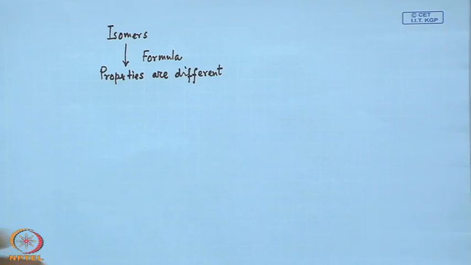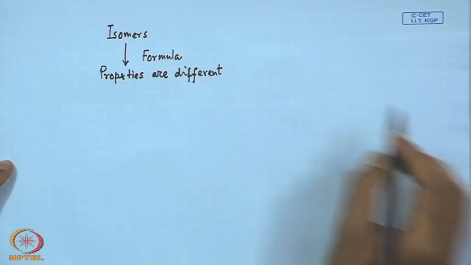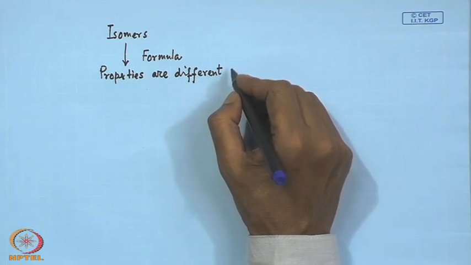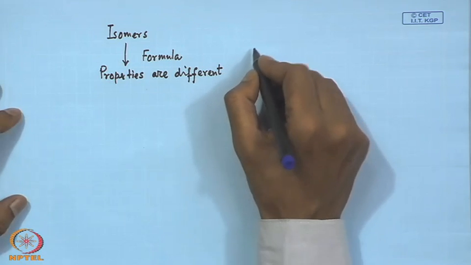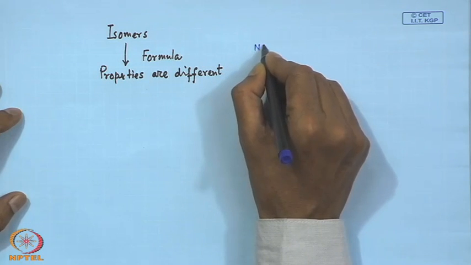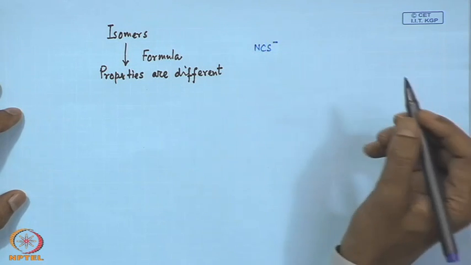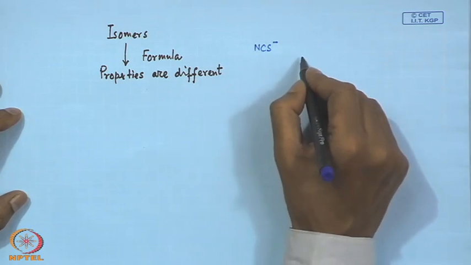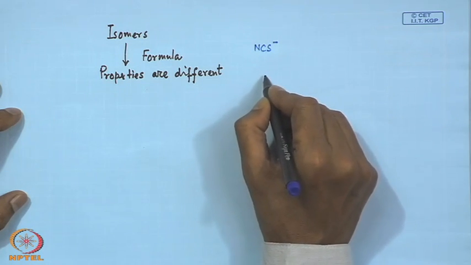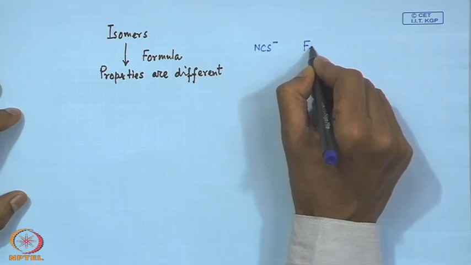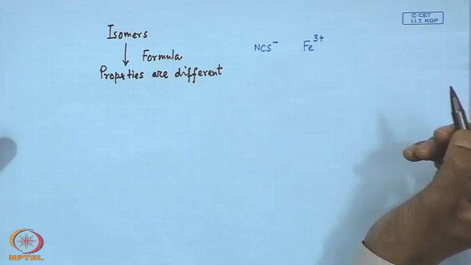That is a very important point to consider. If we take the very simple case of linkage isomerism, say that we are talking about NCS minus, this anion, and we are talking about the corresponding binding of this with, say, Fe3 plus.